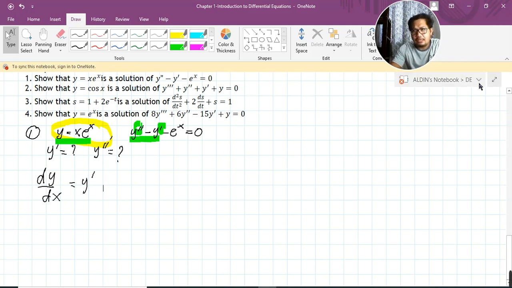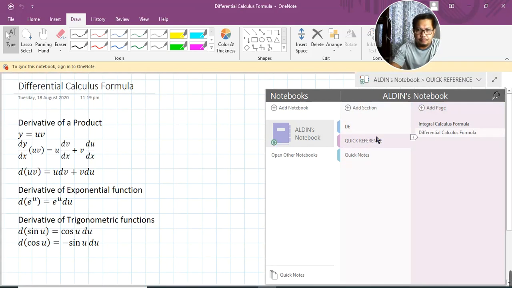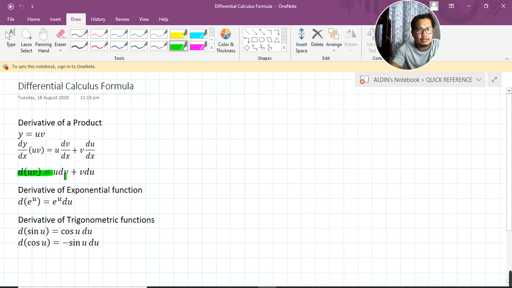O, tingnan natin. Meron ako ditong reference na sinulat. Derivative of a product. Let's say, ang given natin is y is equals to uv. Involve ang u and v. Derivative of uv is equals to u times the derivative of v plus v times the derivative of u.